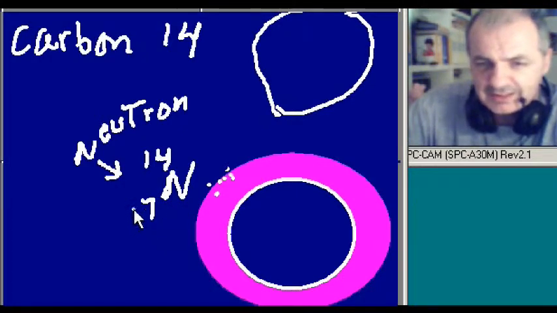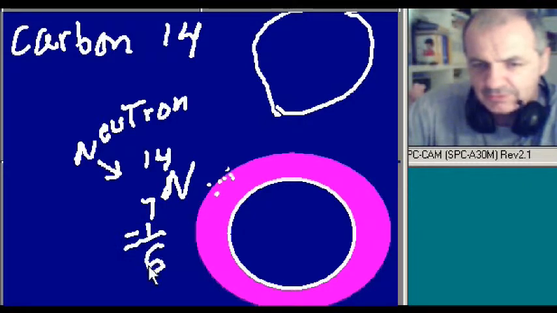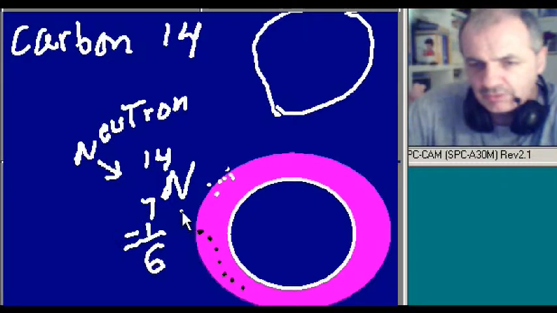Well, sometimes he hits one of the protons and kills one of the protons. Well, he doesn't kill him, he kicks him out. So now there's 6 protons in this element. And one of the protons gets knocked elsewhere. He's gone. But this neutron doesn't bounce off.